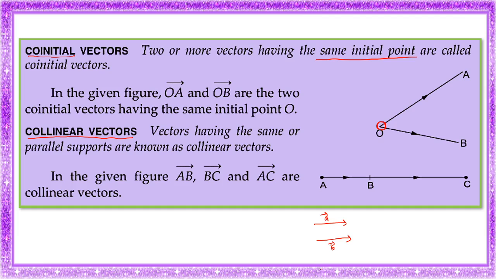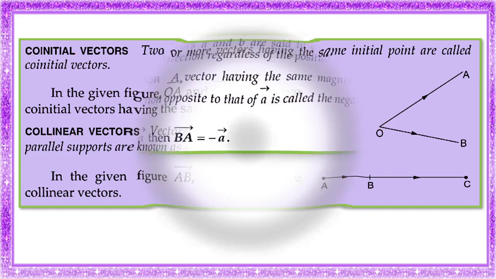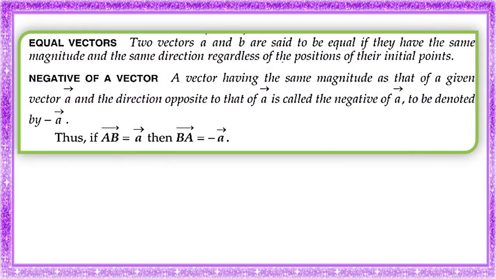Collinear you can simply take the meaning as parallel vectors, right? So this A and B are collinear vectors. If A is here and B is in this direction, then also these two vectors are collinear.